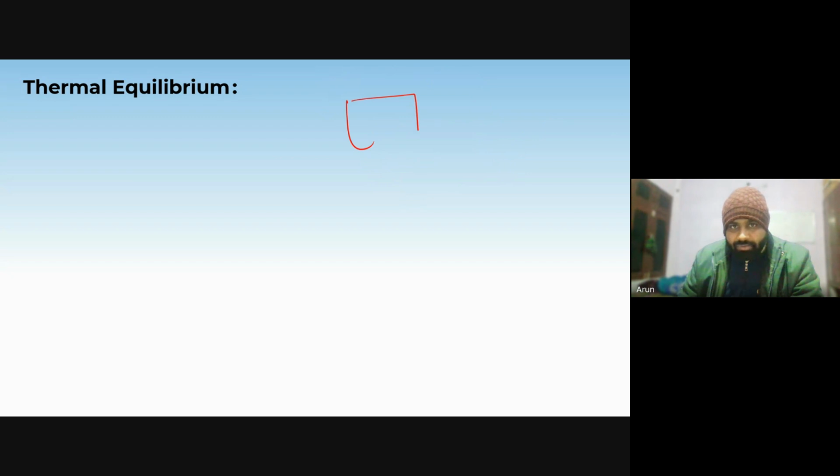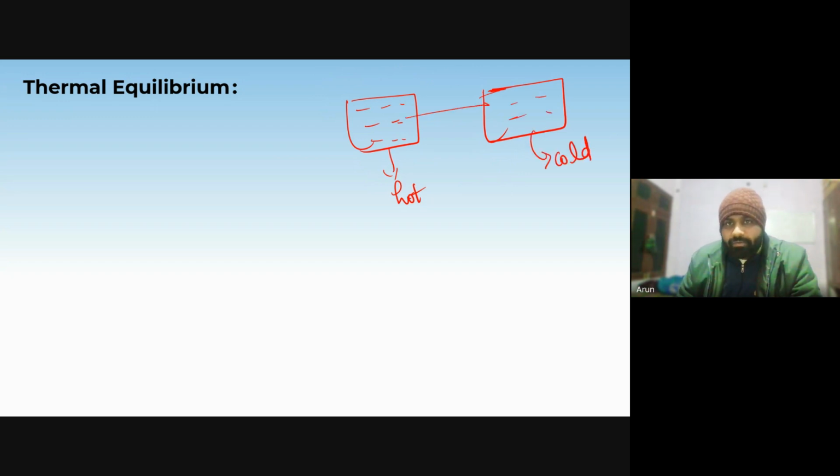Let's say we have two systems, or you can say we have two pots of water, of which the first is hot and the second one is cold. If we make contact between them and these walls are diathermic, which can exchange heat through the boundary, what will happen after some time? After some time, the hot will not be as hot as it was earlier, and the same for cold, which means they are exchanging heat somehow.